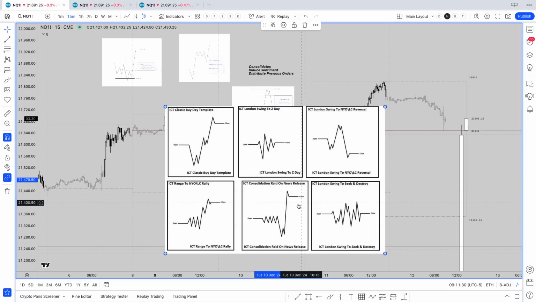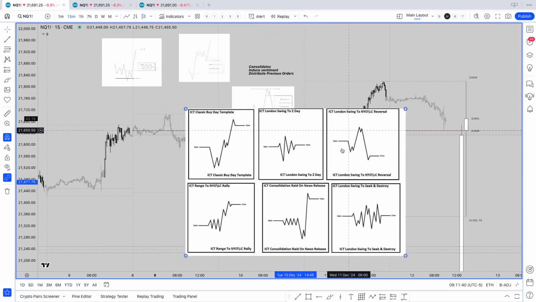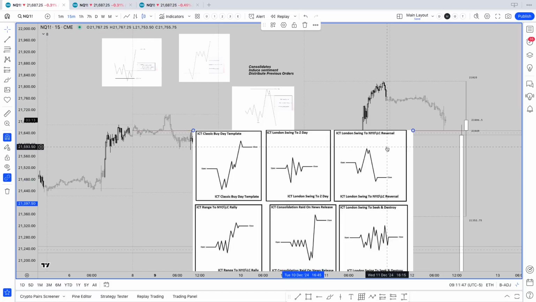Basically, these two profiles are very similar, and also the ICT London swing to New York or London close reversal. These specific three profiles are very easy to spot with the RTH gap.